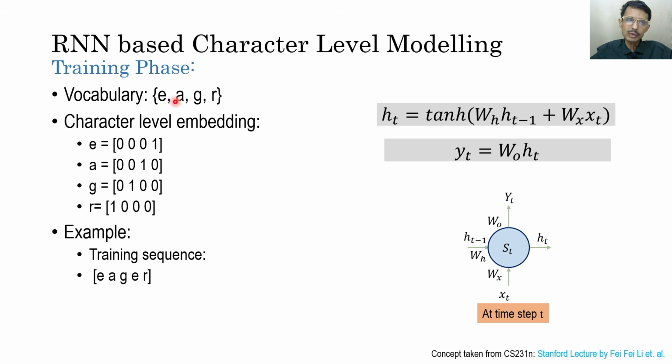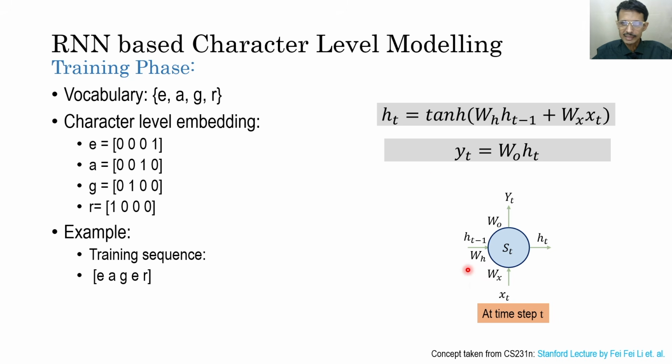Now we try to understand how RNN based character level modeling can be done. We know that our model is HT equals tanh of WH times HT minus 1, that is the weight matrix with the previous state input, plus WX with XT, the weight matrix WX with the present input, and YT is the output, W times HT.